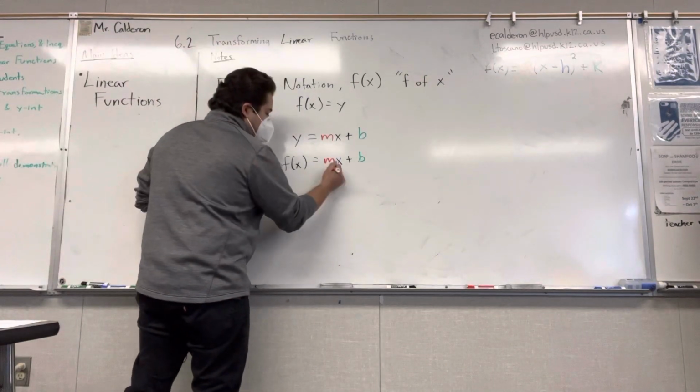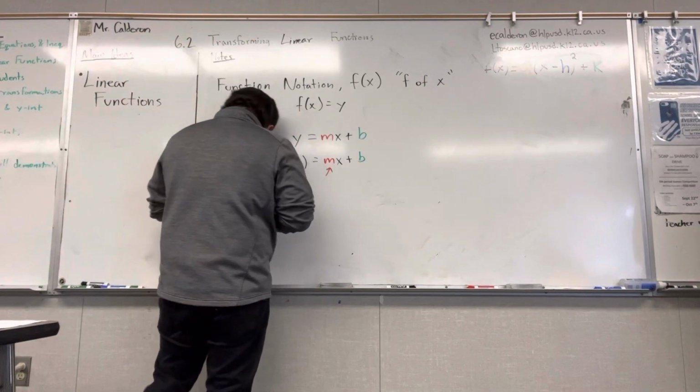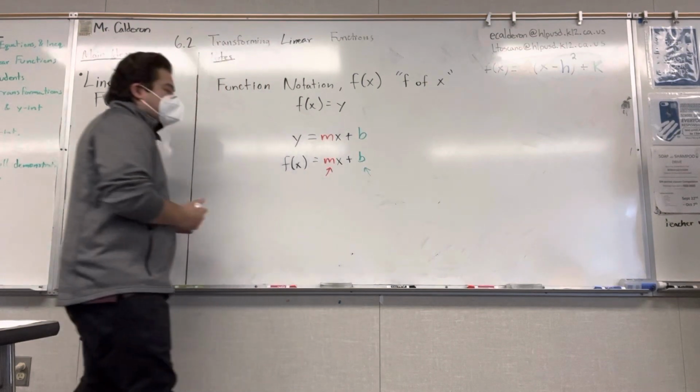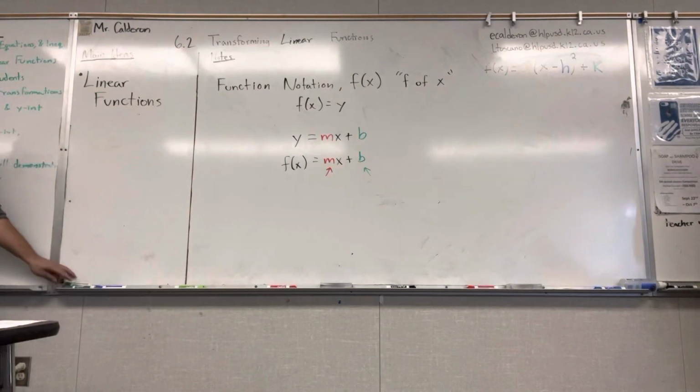Now some review, since I know some of us are new, some of us are returning. Can somebody tell us what m stood for in y is equal to mx plus b? Not the x value, the slope. Good.